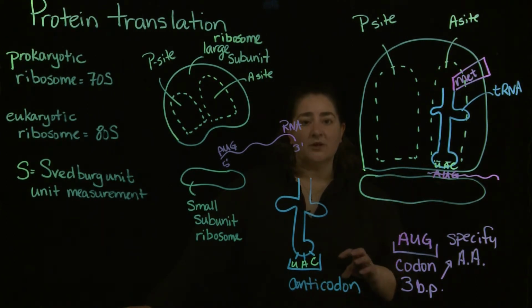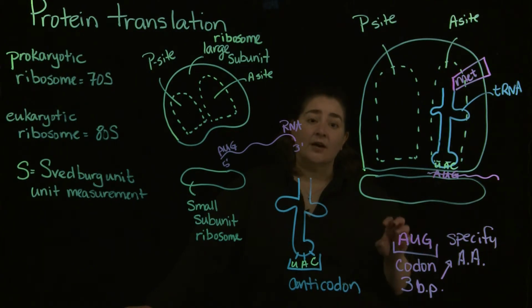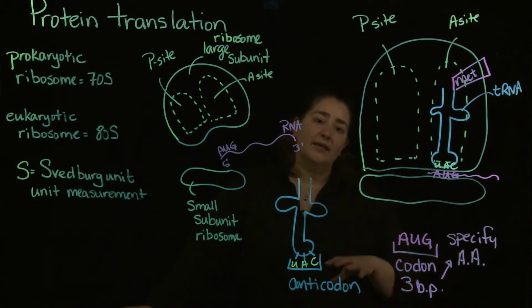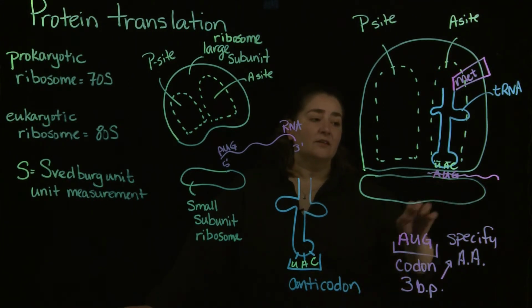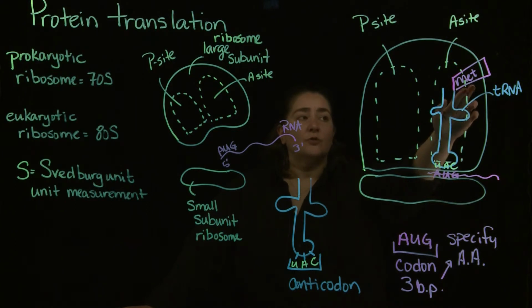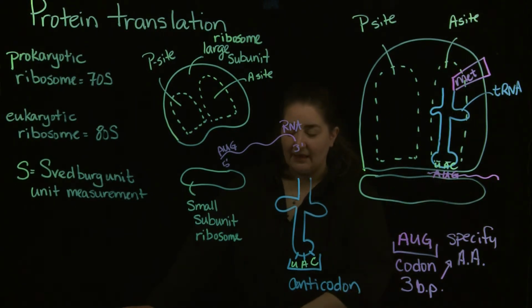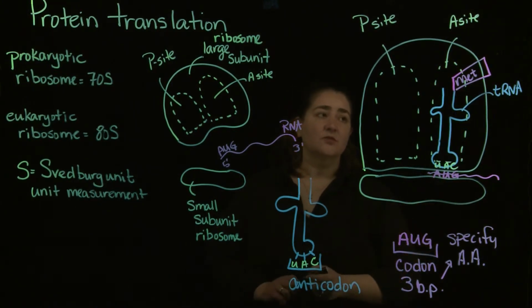I do not expect you to memorize that table. If I want you to be able to translate a sequence, I will supply you with the table. I want you to just be able to read it. Okay? So in terms of that, the AUG would correspond to a methionine. That would start our process of translation.